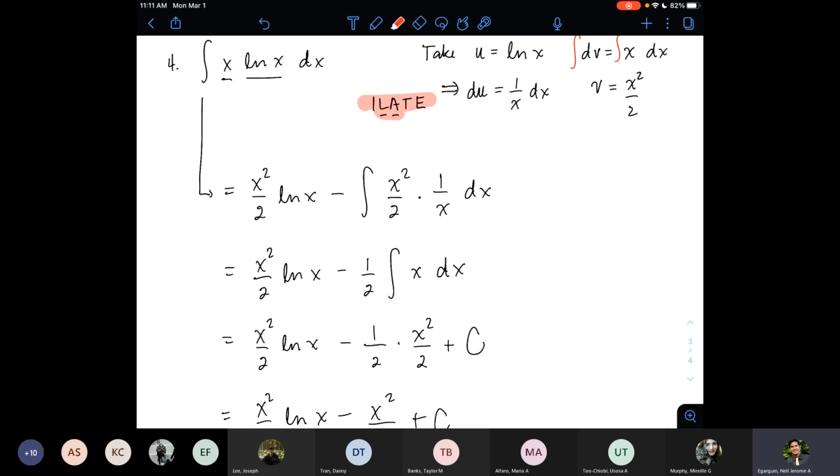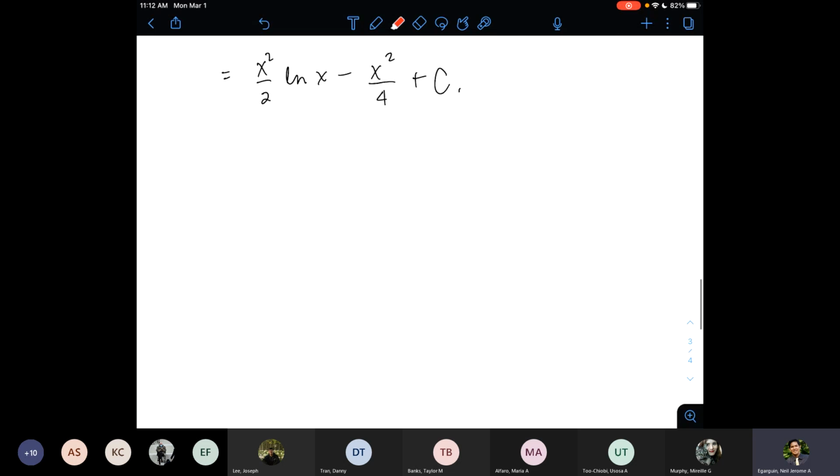One thing about integration by parts is that it can be used repetitively. As long as you cannot integrate that integral of v du, you can repeat the process over and over again. Of course, you don't want to do it a lot of times, but sometimes you don't have a choice. So let me try problem number 6.